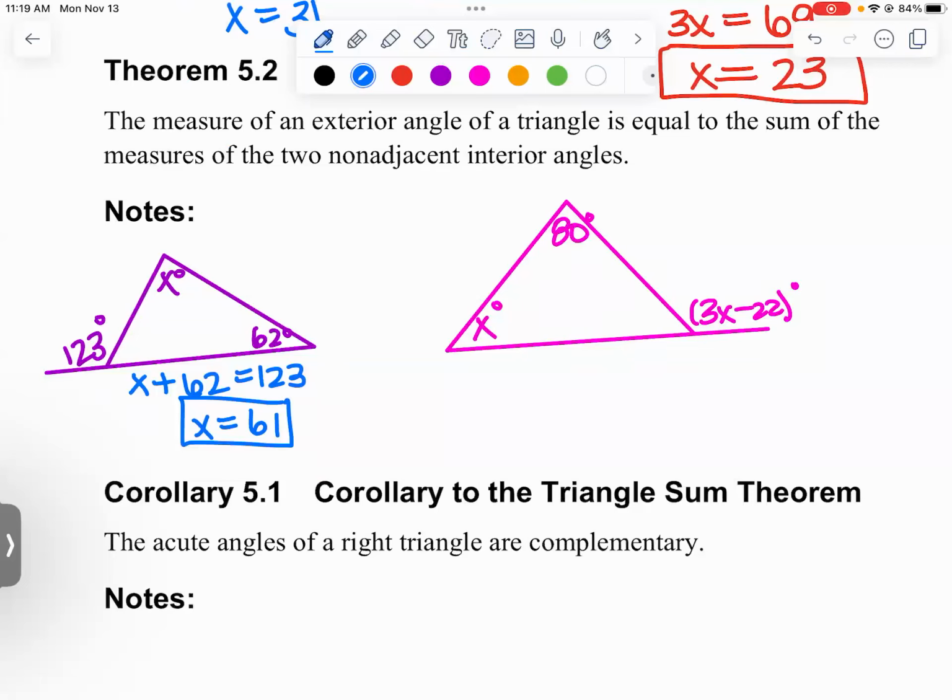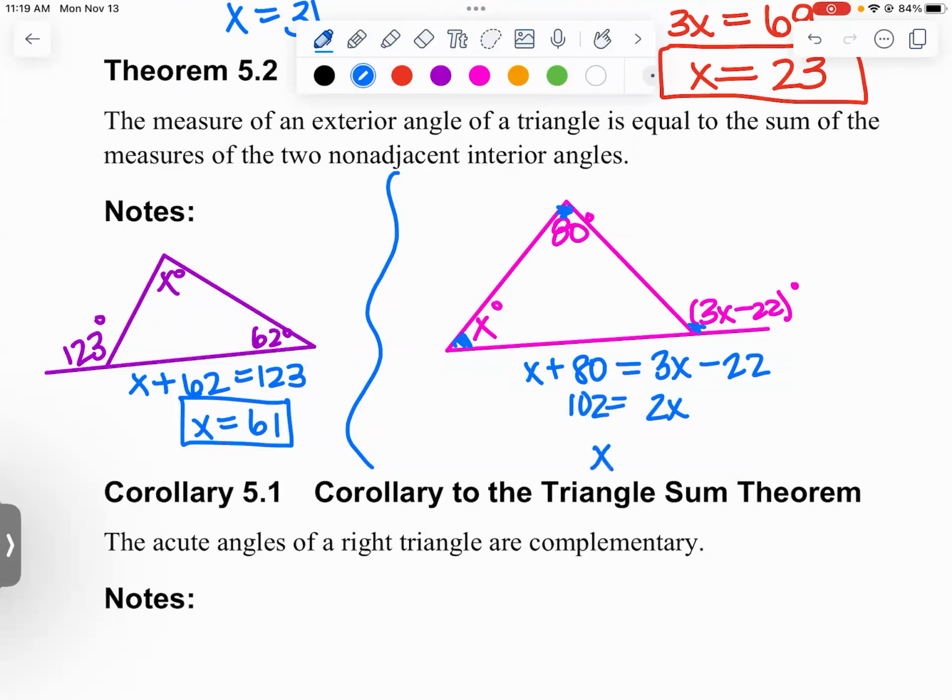All right, so how do I set this up? Good, X plus 80. These two internal angles add up to our external angle. So X plus 80 equals 3X minus 22, which means 2X equals 102, or X equals 51.